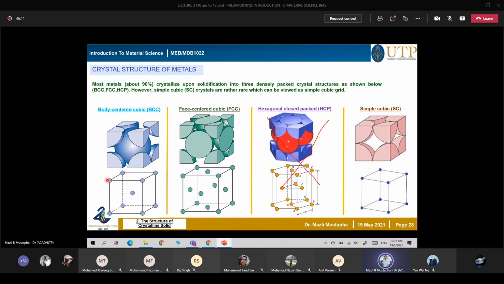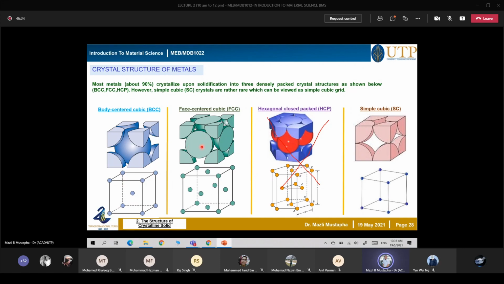But let's say you have this cubic system. You draw a cube, and then you put an atom at each corner: 1, 2, 3, 4, 5, 6, 7, 8, and then you put one in the middle. This one we call a body centered cubic.